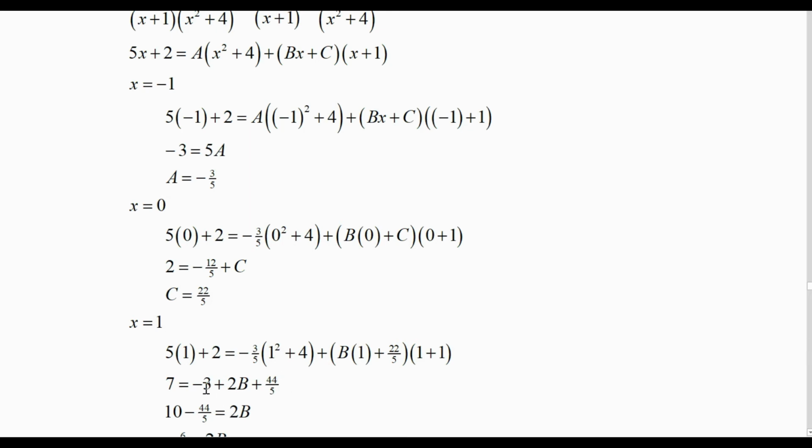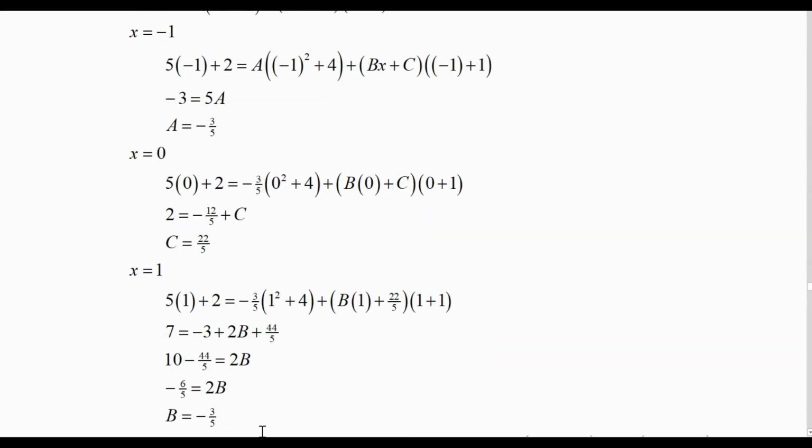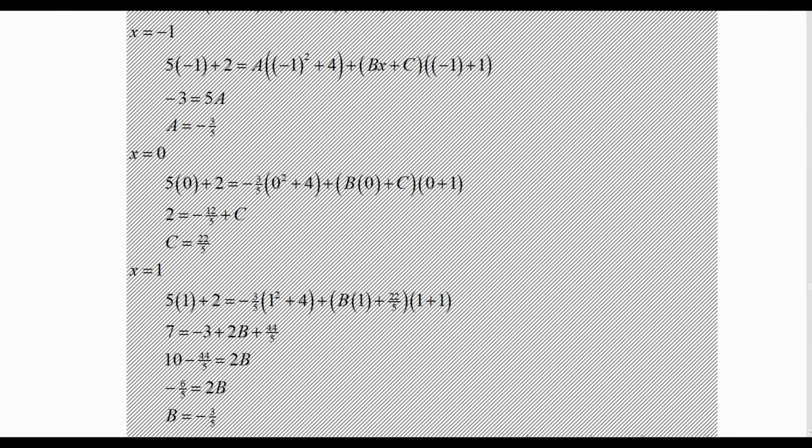Not too bad here. Let me first add 3 to both sides. That makes that a 10. Then subtract 44/5. Get a common denominator. 50/5 minus 44/5 is positive 6/5. Let me fix that.